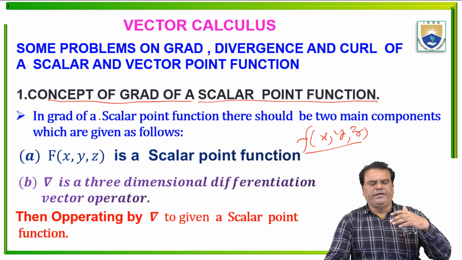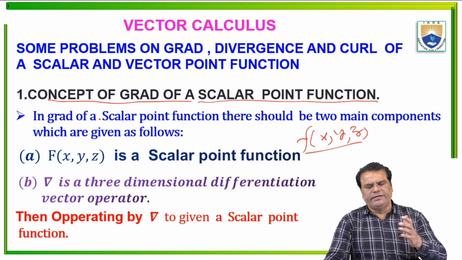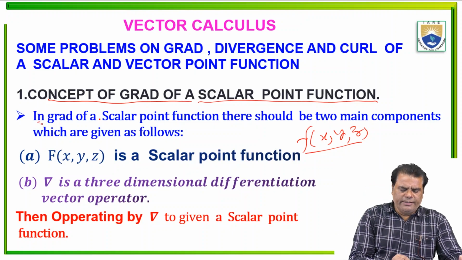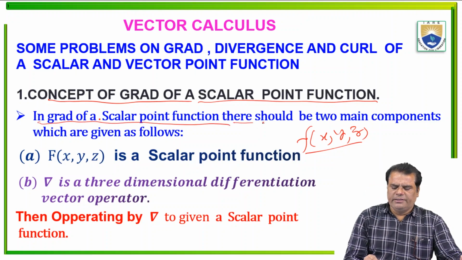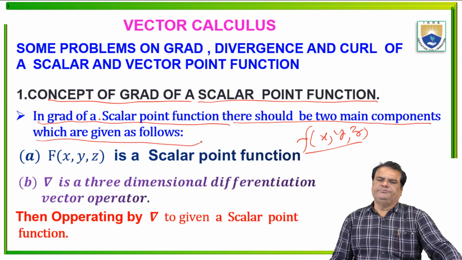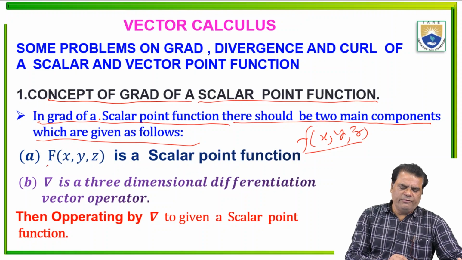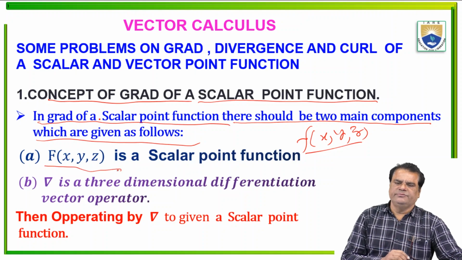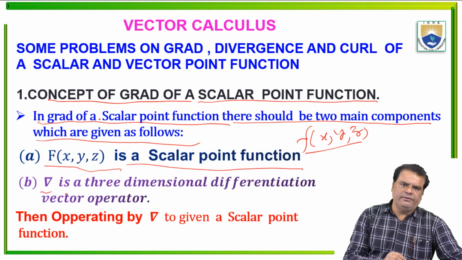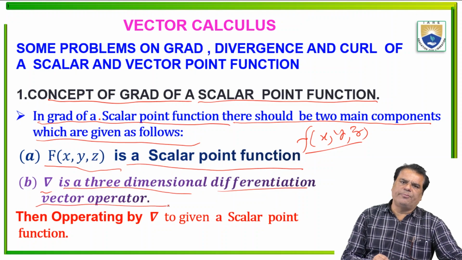And when we find the grad, we take a scalar point function. So in the grad of a scalar point function, there should be two main components. Number one, the function f(x, y, z). This is a scalar point function. Number two, del. This is a three-dimensional differentiation vector operator.